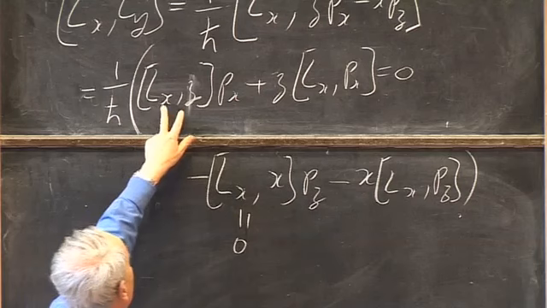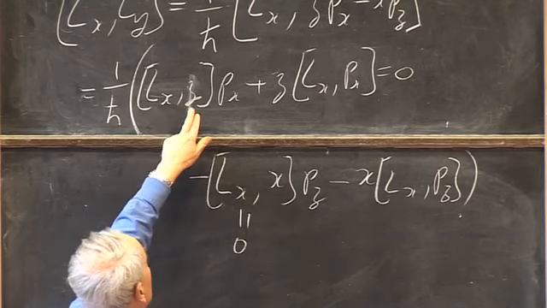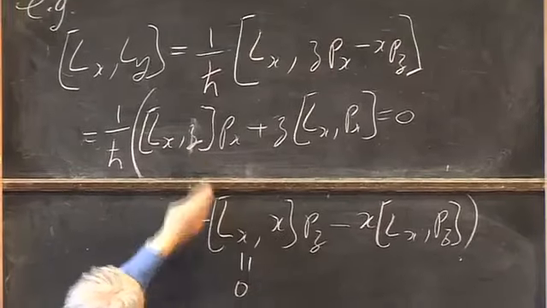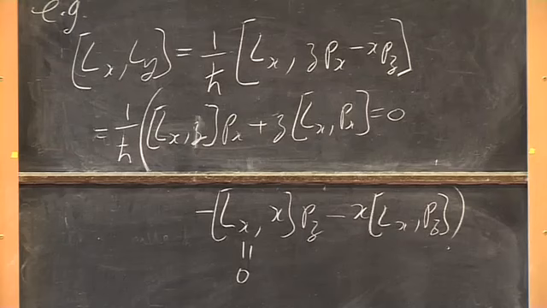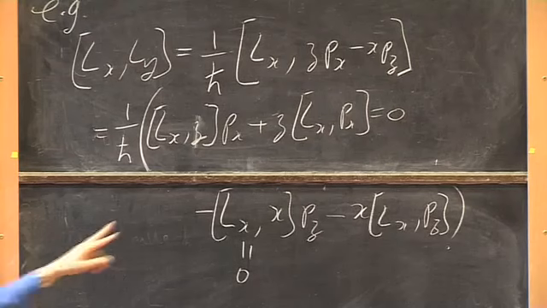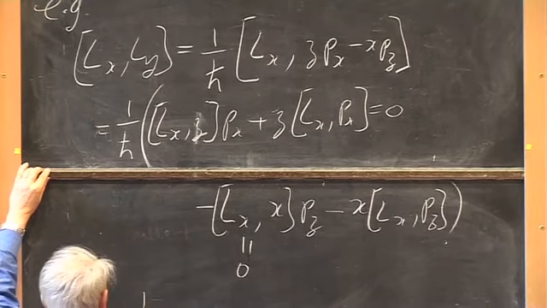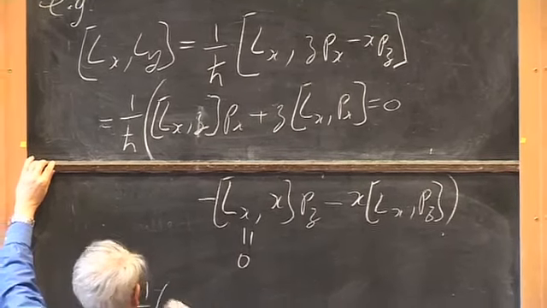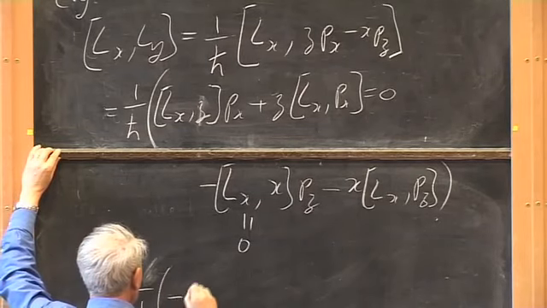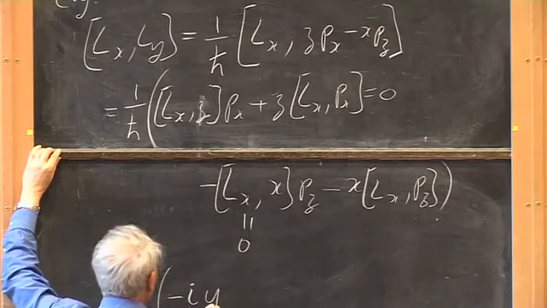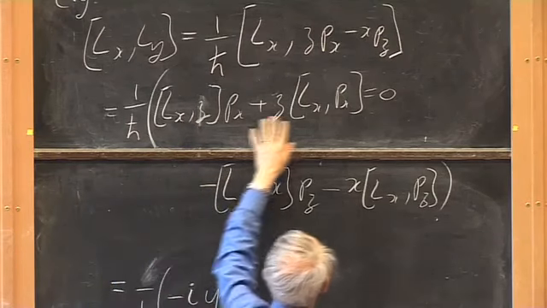And these we have to work out using horrible cyclical everythings. Lx commuted with a component of x is going to produce I times the third component, which will be y. And I think we'll probably get a minus sign. So I think this will be 1 over h bar, brackets, and there'll be an I, and then a minus I times y from here times px. And this was 0, this was 0.